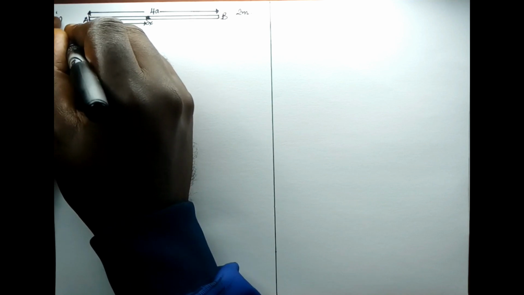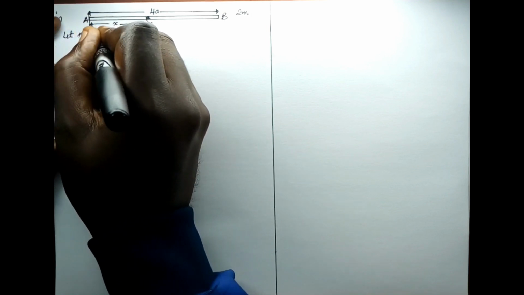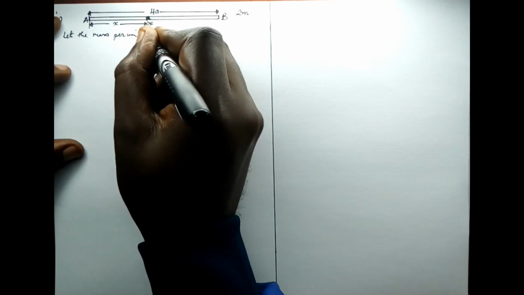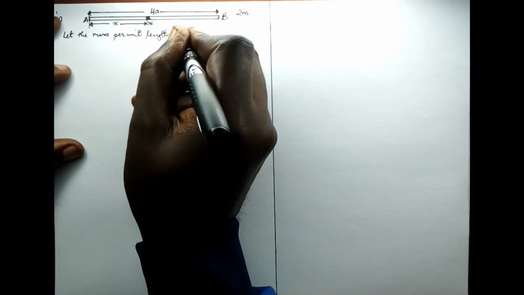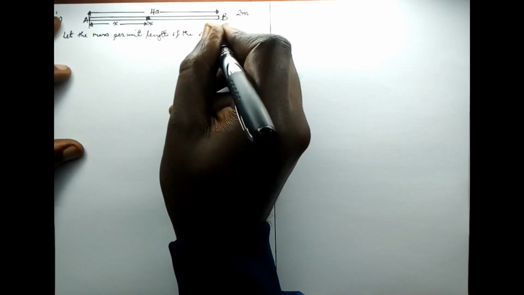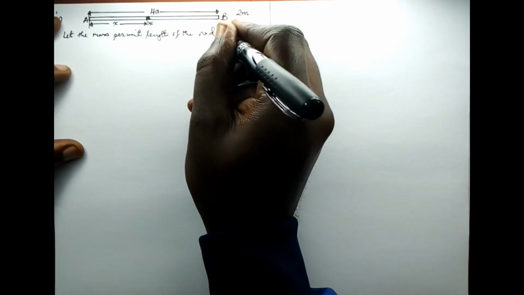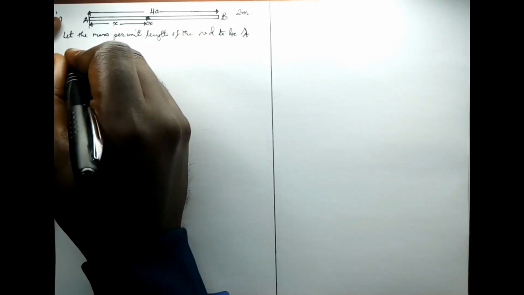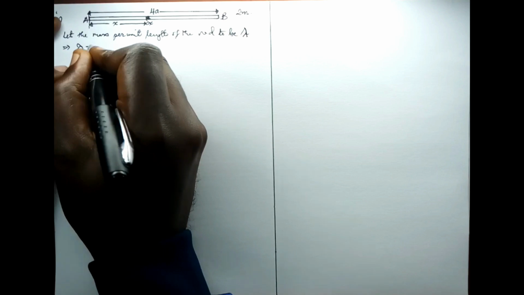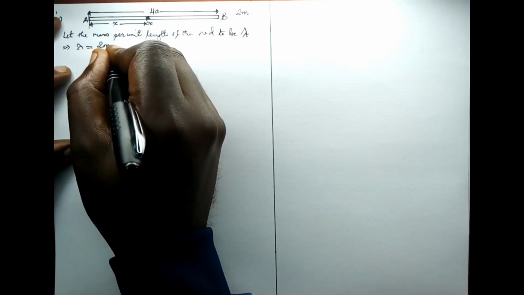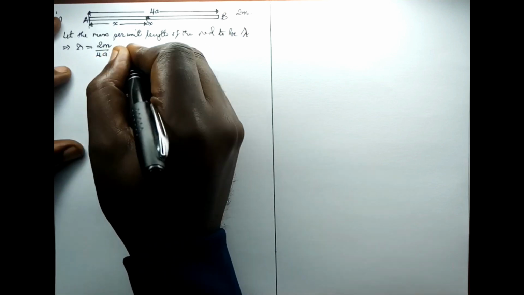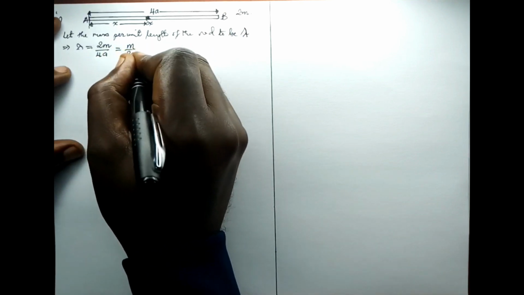So we start by letting the mass per unit length of the rod be lambda. So that lambda should be the mass of the rod, which is 2m over the length of the rod, which is 4a, giving m over 2a.